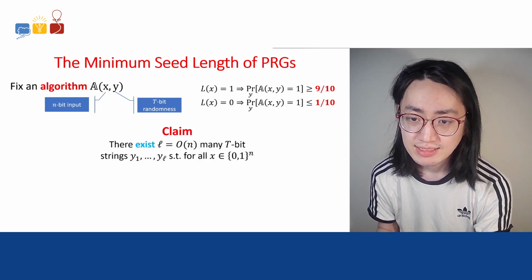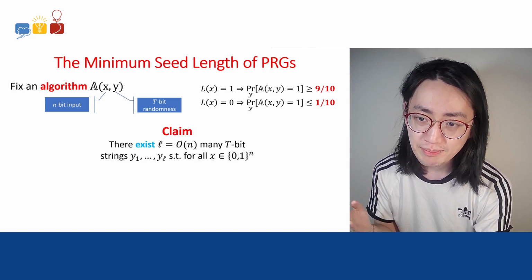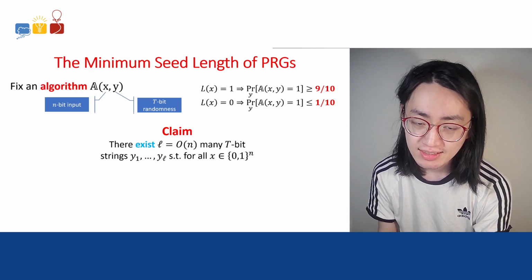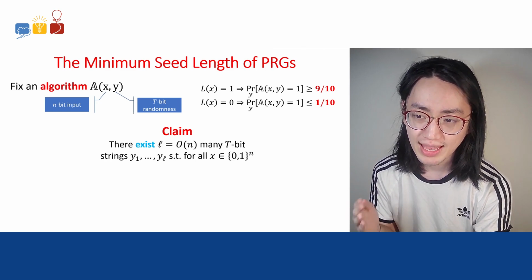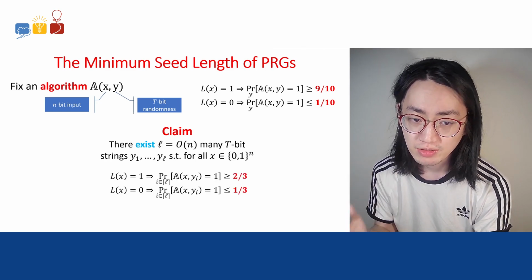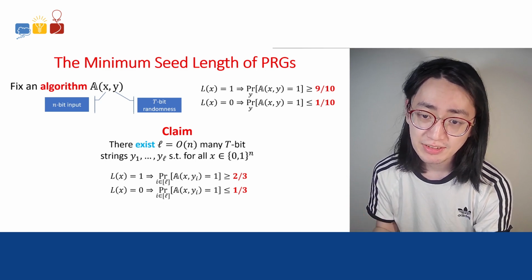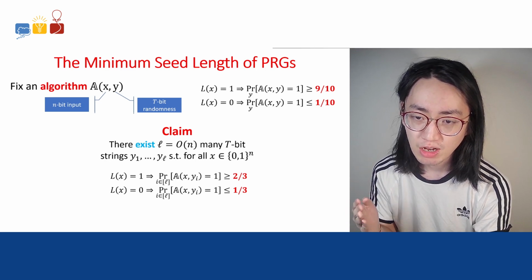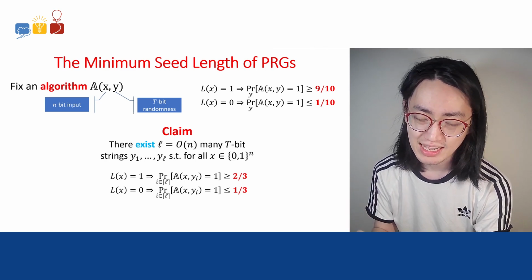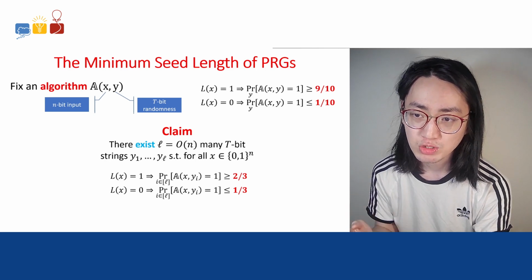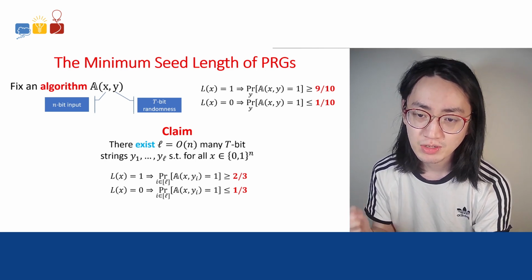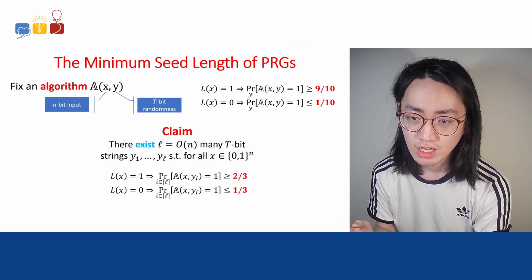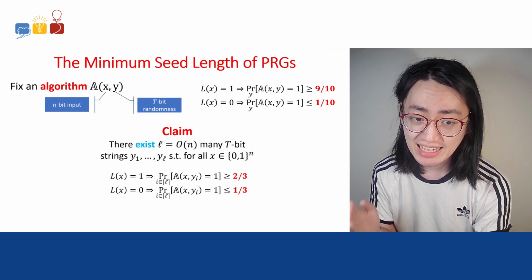We claim that there exist L equals order n many t-bit strings y1, y2 to yL, such that for all possible n-bit input x, the following holds. That is, if the answer for x is yes, then over the uniform distribution of all the yi's, the acceptance probability of A is at least 2/3. Otherwise, it's at most 1/3. Therefore, one can actually enumerate all possible yi's to determine whether x is yes or no.